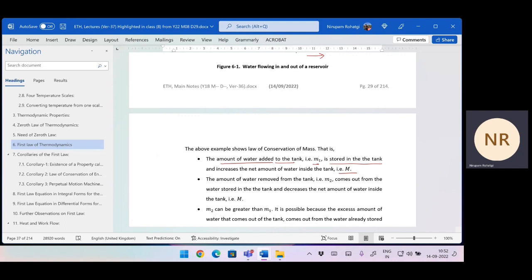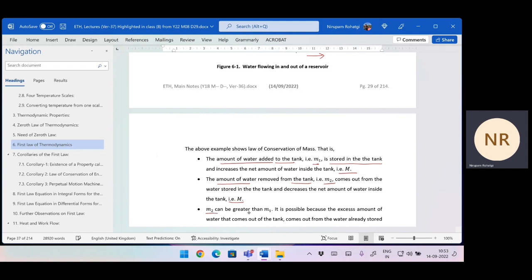Okay. Now when you remove water from the tank, let us say M2 you remove, it comes out from M. So it is not that M1 is going in and M2 is coming out from M1. No, no. You give M1, this is added up, is collected there as M. And when you take out M2, it is taken out from that reservoir. Okay. Now, what does that mean?